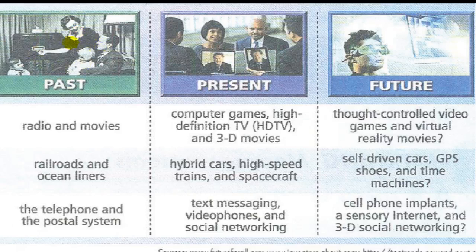And this is life maybe in the 1960s or 1950s in the USA. Maybe less than this. So, entertainment, radio and movies. People used to listen to the radio or go to the movies, go to the cinema.